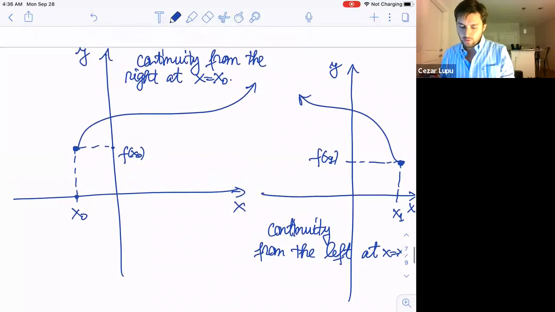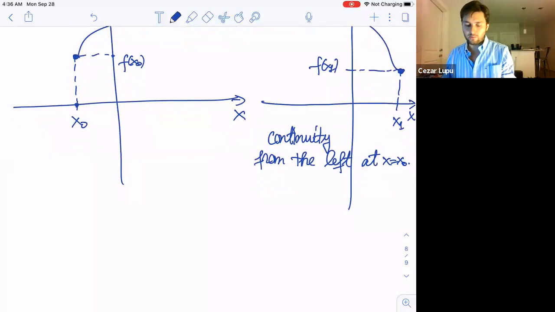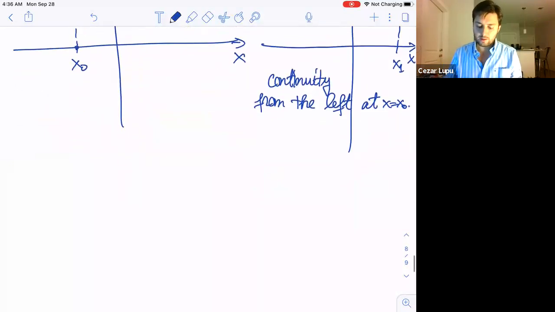All right, so these are the two pictures. Well, I think it's quite clear when you look at them, right? And now I would like to talk a bit more about continuity. So let's see what it means for a function to be continuous on an interval. So we will talk about continuity on an interval.